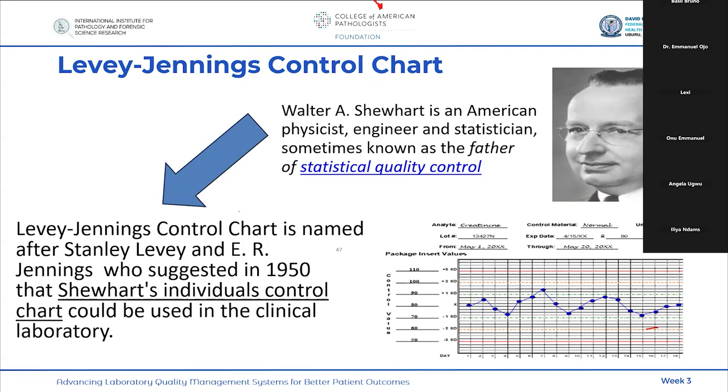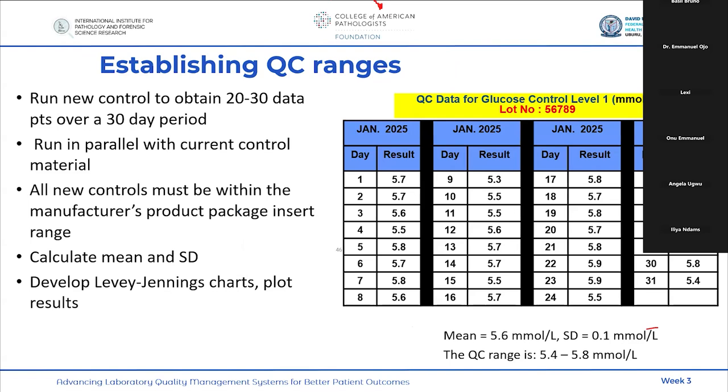You are correct to say that, and this is what I talked about when I talk about the implementation steps. The first thing you do is that the charts that you are preparing, which you'll be plotting your current data on, are going to be prepared from previously generated control data.